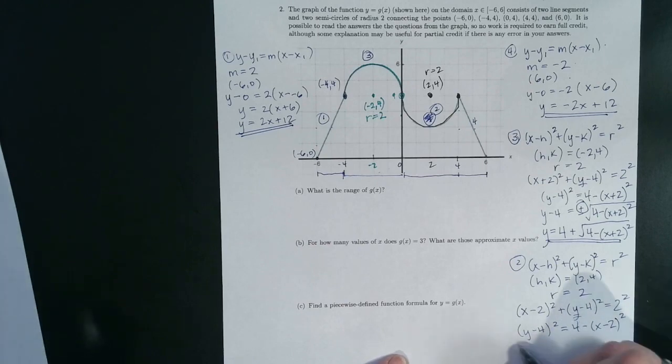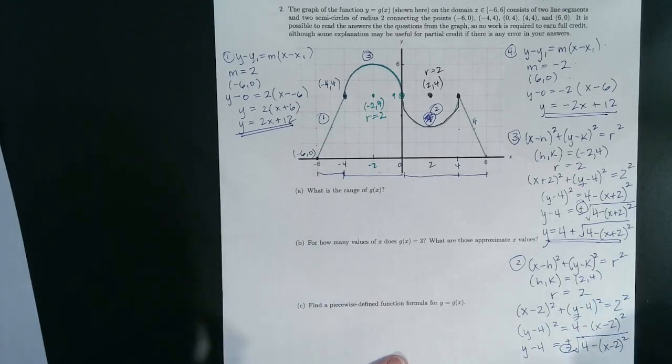Take the square root. y minus 4 equals, we'll either have plus or minus the square root of 4 minus x minus 2 squared, and we want to take the negative or bottom half circle, so we have y equals 4 minus the square root of 4 minus x minus 2 squared.